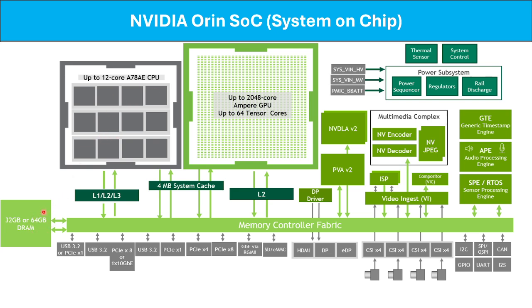Also 64 gigabytes of DRAM. I'm not sure again if it is on the chip or separate. Also 2048 CUDA cores in the best option, with Ampere architecture.